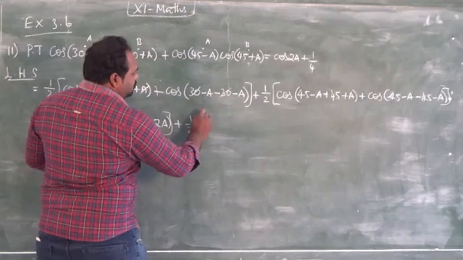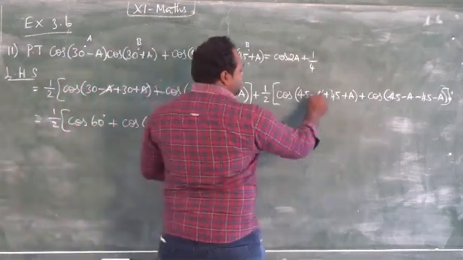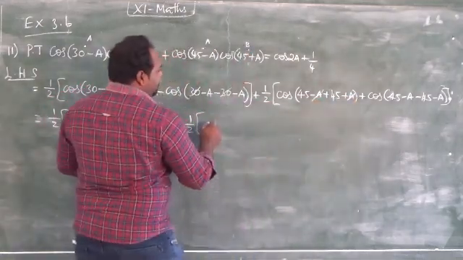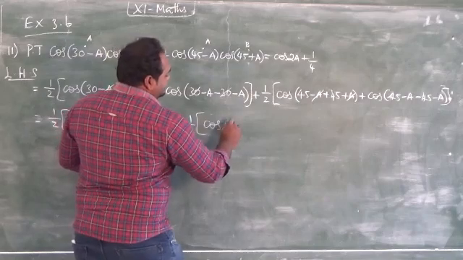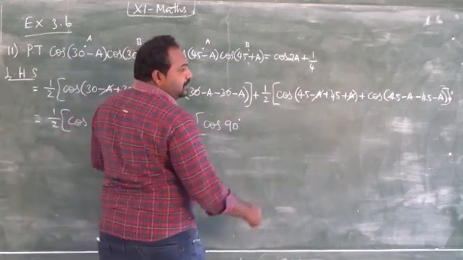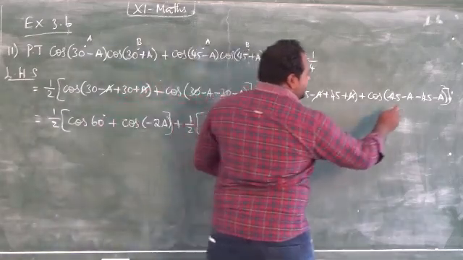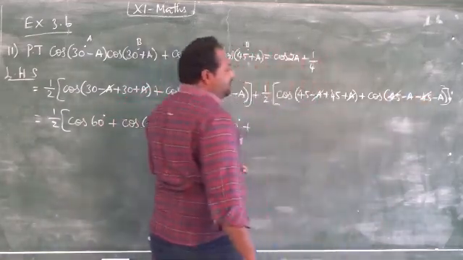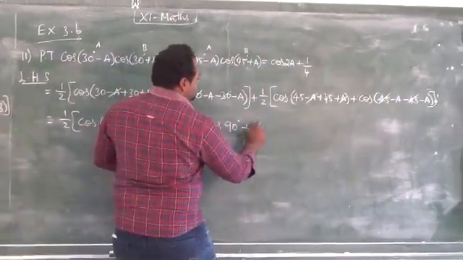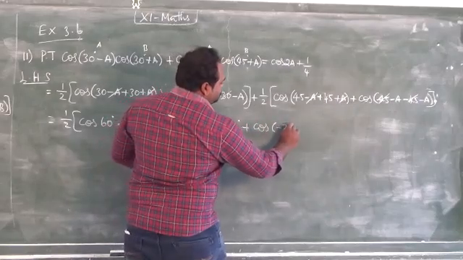Plus 1/2 into, here we have a cancellation, minus A plus A, 45 plus 45 is cos 90 degrees, plus here we have a cancellation, minus 45 plus 45, minus 2A.